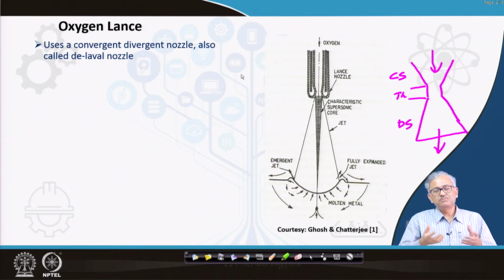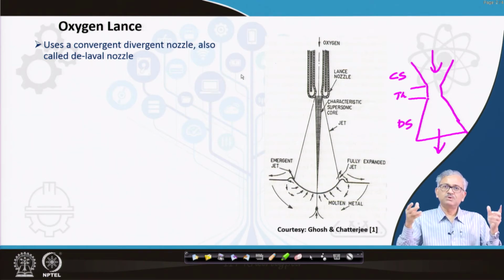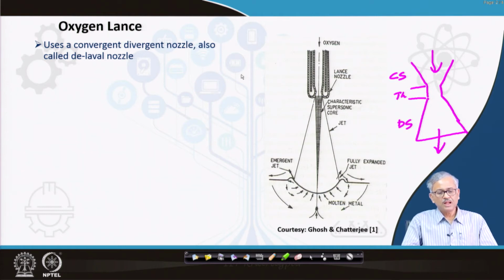This large pressure oxygen jet then interacts with the 1 atmosphere ambient air, and as a result most of the energy gets dissipated in the form of shock waves in the case of the cylindrical nozzle.